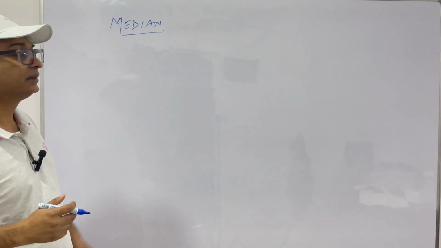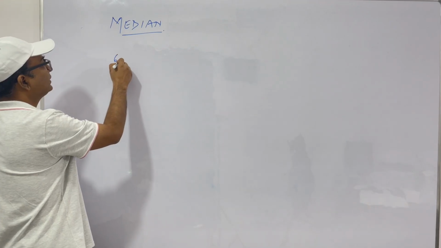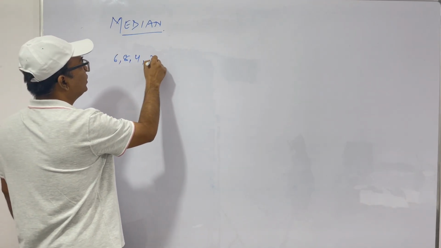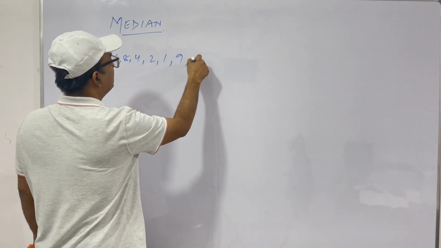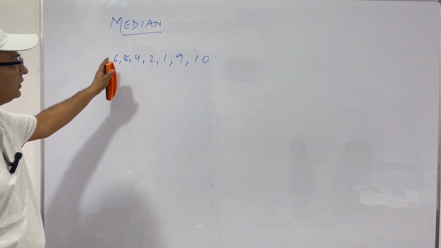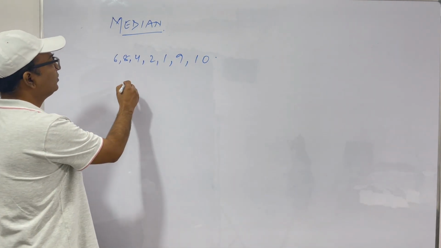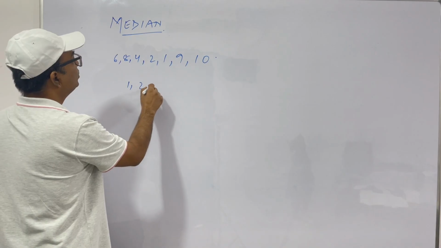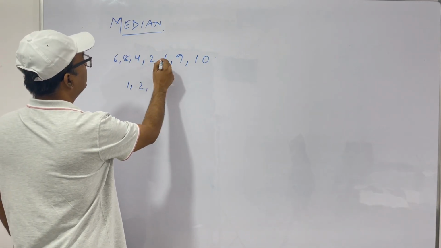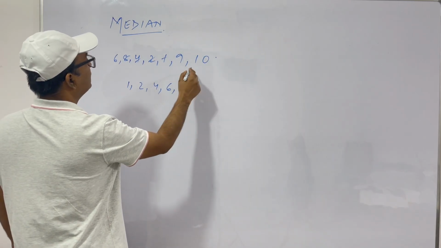How do we find median? Let's say we have data 6, 8, 4, 2, 1, 9, 10. First of all, arrange this data in ascending or descending order. So this will be 1, 2, 4, 6, 8, 9 and 10.